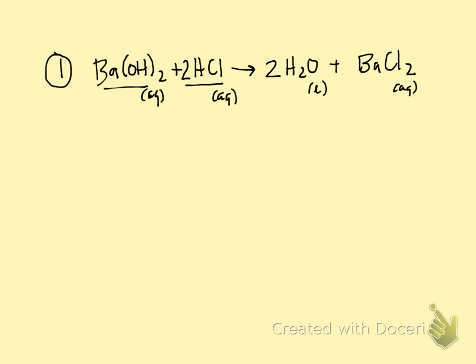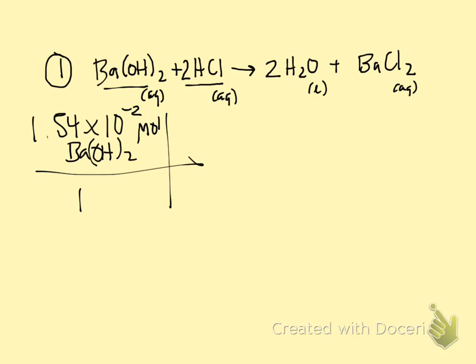We don't need to use a periodic table to figure out how many moles because we have a concentration and a volume. So we're saying that there is 1.54 times 10 to the negative second moles of barium hydroxide in every 1 liter of this solution, and we know that we have 27.4 milliliters of this solution.